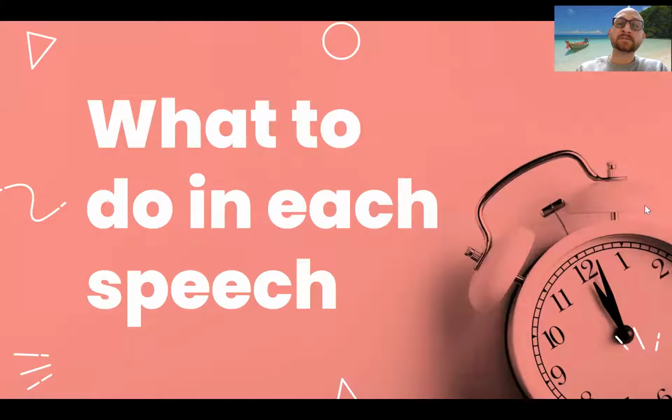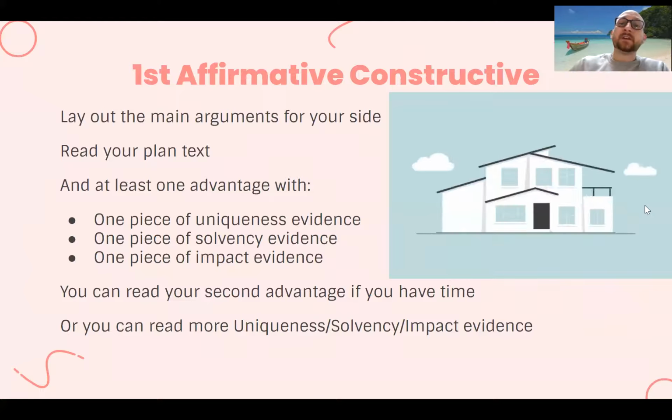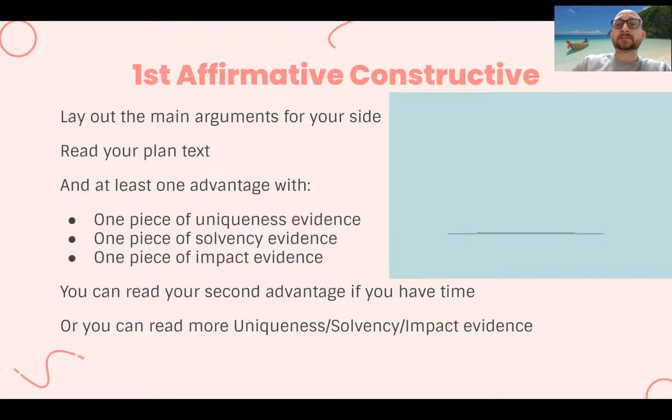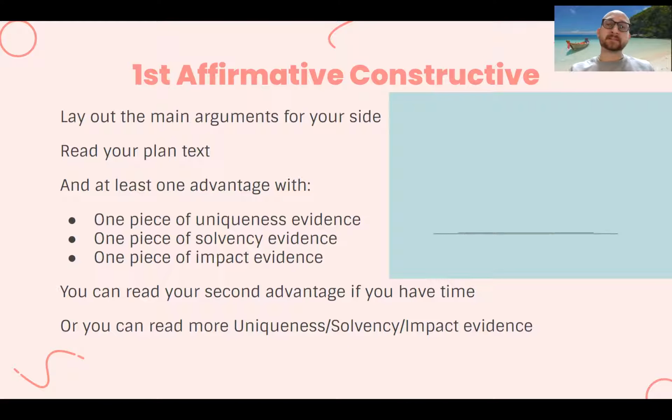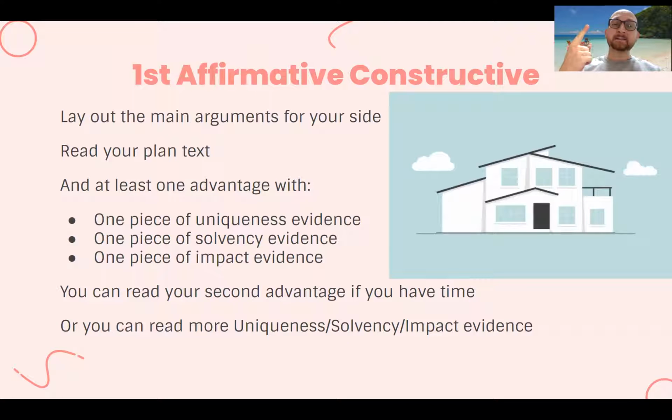So what do you do in each speech? The first affirmative constructive, sometimes called the 1AC, is 4 minutes long. What you're supposed to do is lay out the main arguments for the affirmative side. The first affirmative speaker will come up and say, here's the plan we want to pass, and here are the good things that would happen by doing it.